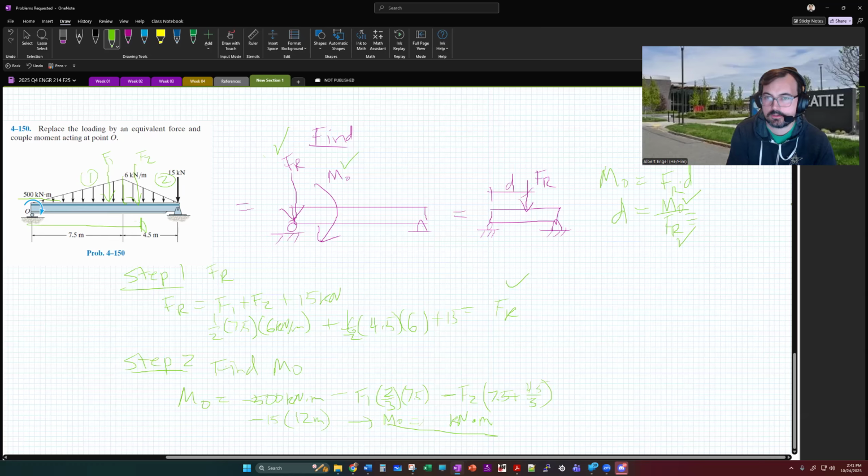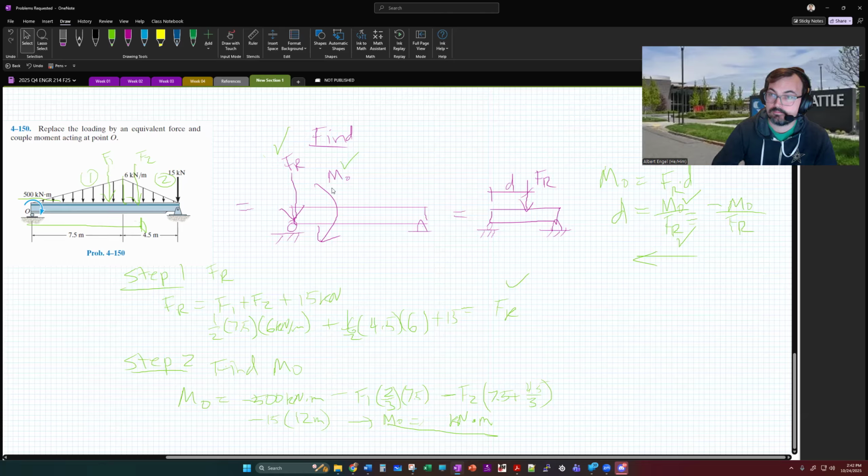And I know it's measured which way? I know this is going to be measured from the right. We have to be careful here because when I do this calculation, I'm going to get a negative MO and an FR in here. And you might be tempted to say, oh, that's D, that's negative, D's got to be measured this way, to the left. And we know that that's not the case, right? Why do we know that's not the case? We can look over at this problem right over here.